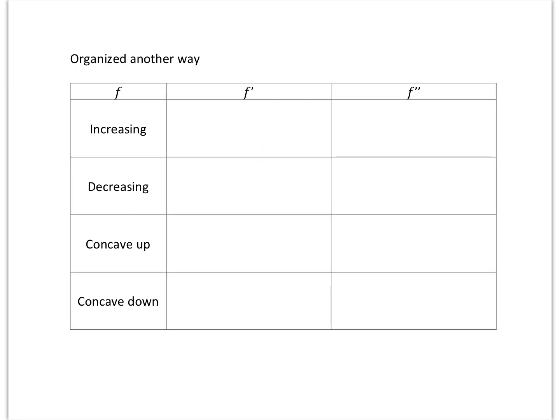Okay, same information organized another way. So I've got a table with f prime and f double prime, and what we can say about increasing, decreasing, positive, negative, concave up, concave down. I filled out part of it.